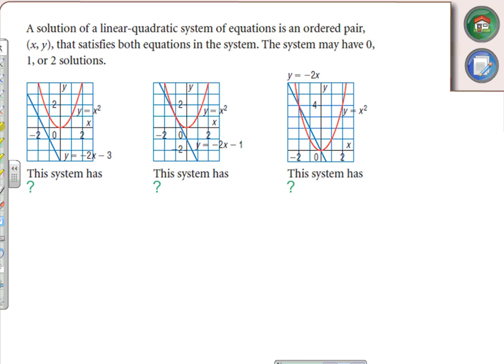This system may have 0, here in that first one, or it may have 1. This is tangent. So one point of intersection is called tangent. Or we may have 2 solutions. Those are the only options that we can have.